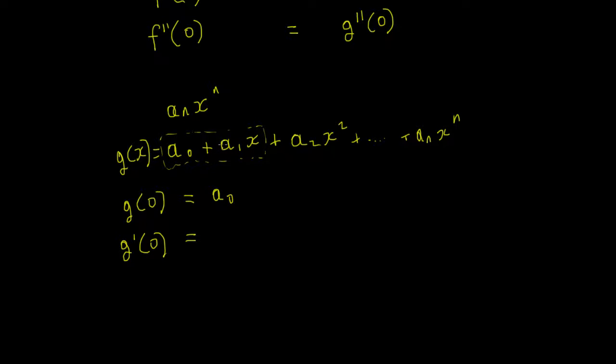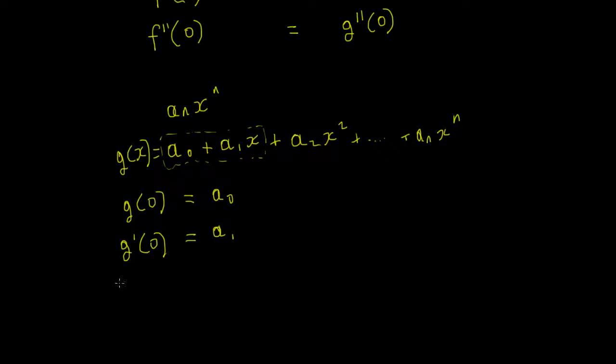That will be a1, and that will be 2a2x, and the rest of them will have n a_n x to the n minus 1. So all of the rest of these will have a value of x in them, and when we put 0 in for x, all of these will disappear. The only one you'll be left with is the value a1.